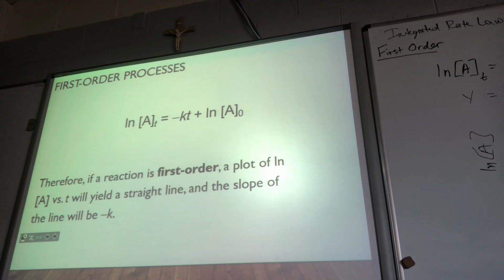If it is straight, then you can say the reaction is first order with respect to this particular concentration. That's where we're going. Again, we're going to work on this all day today.